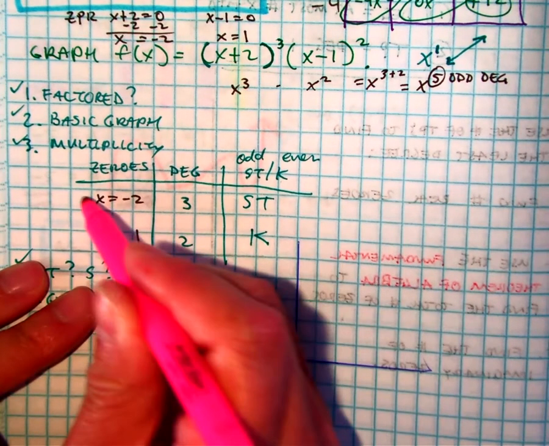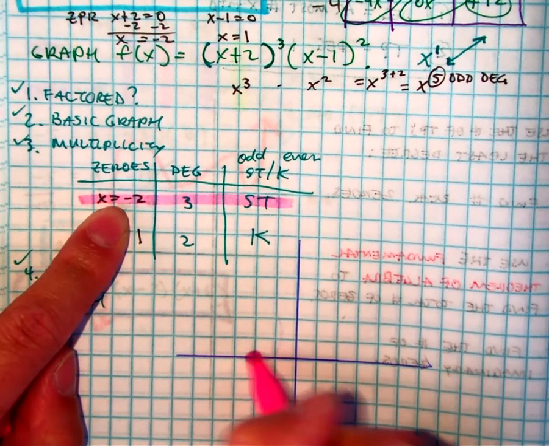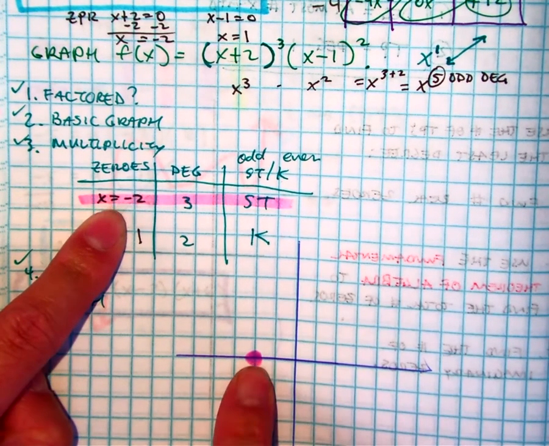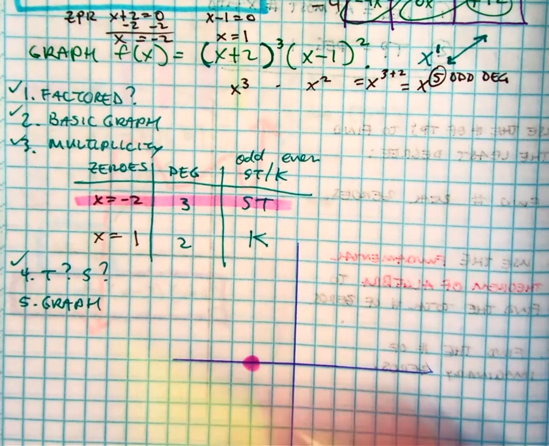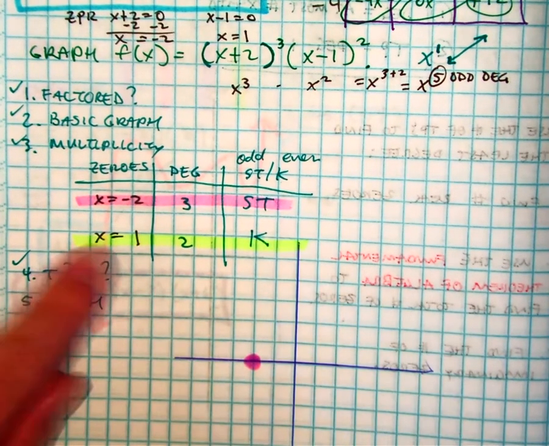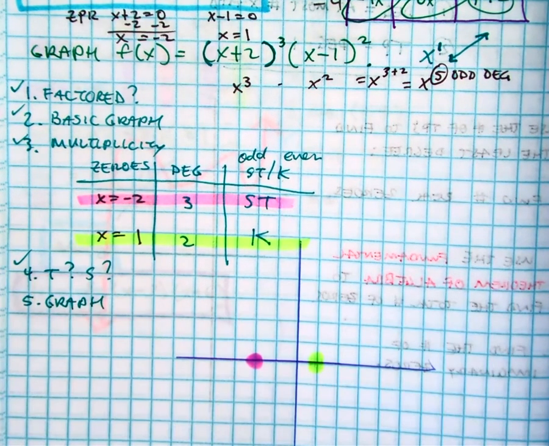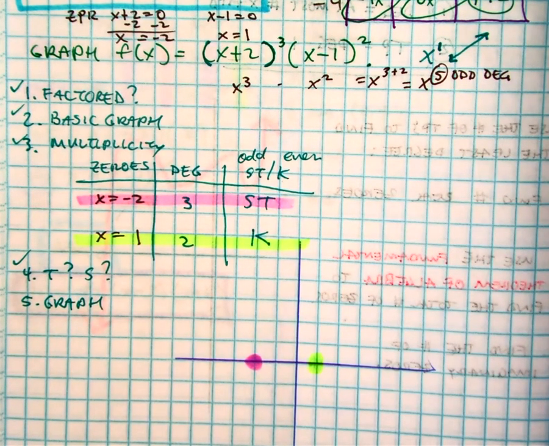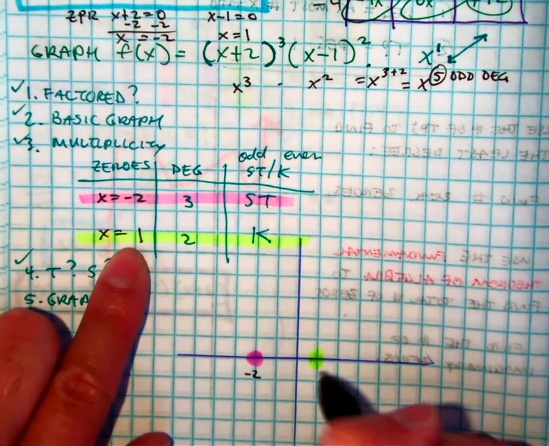So x equals negative 2, and x equals 1. If it helps you, you can write the number there. So this is a negative 2, and that's a positive 1.